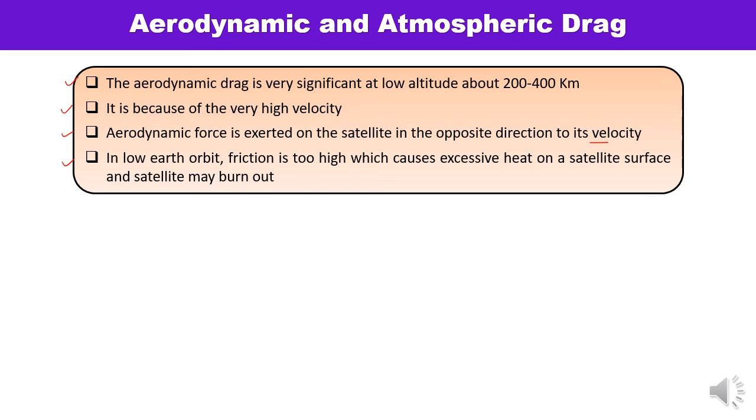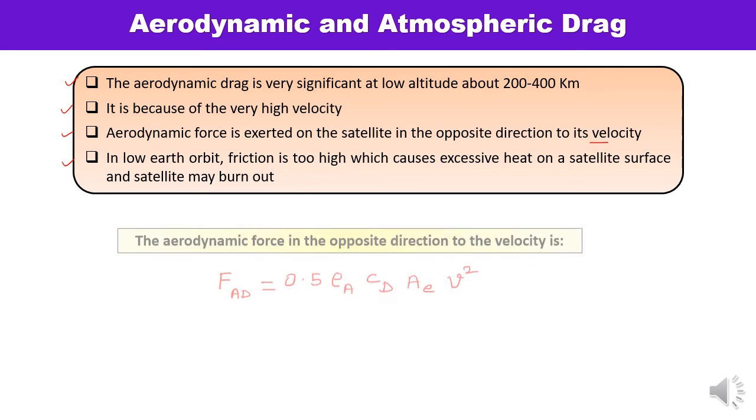It means the orbital lifetime of a satellite is a complex function of orbital plane, mass of the satellite and ionospheric condition.